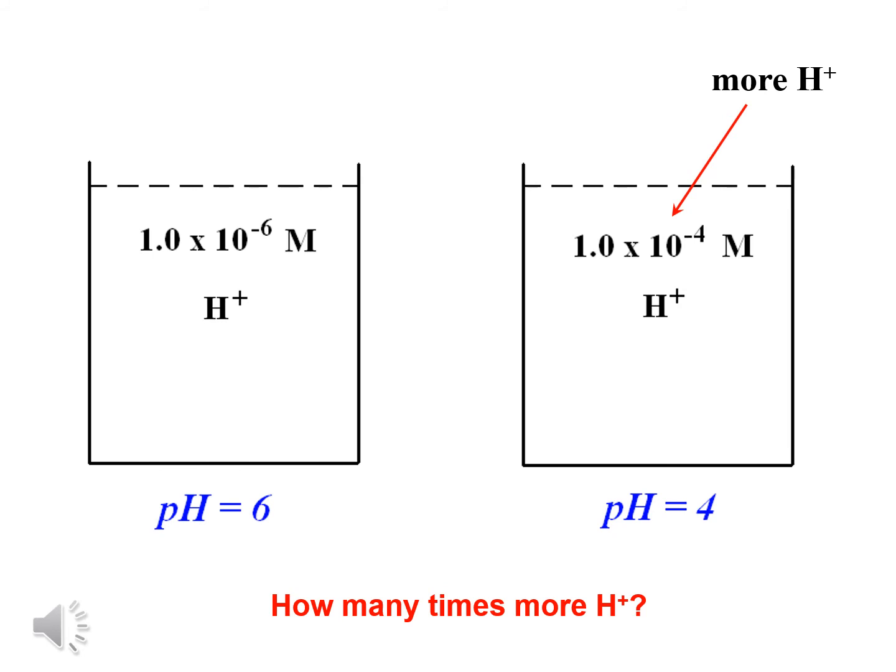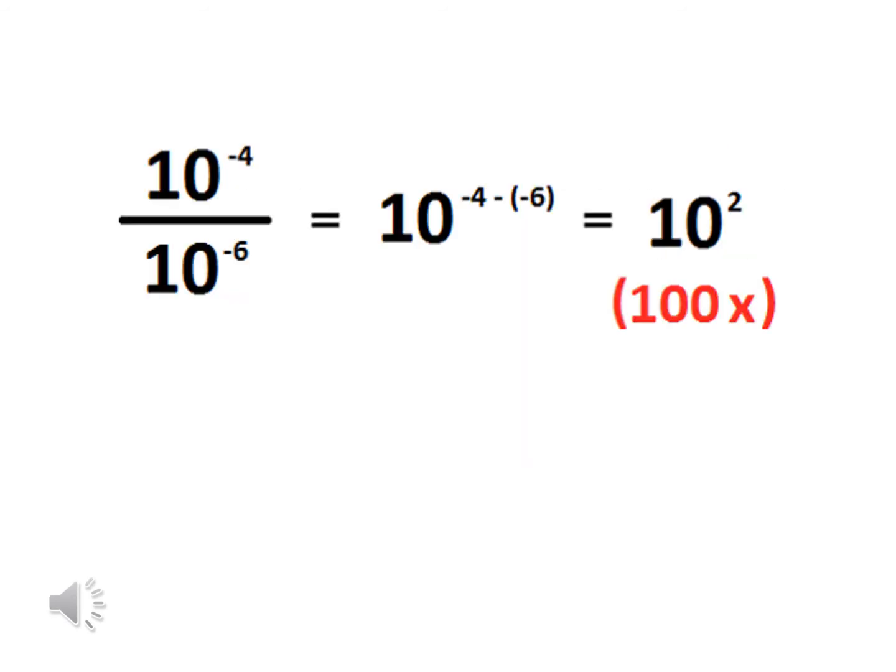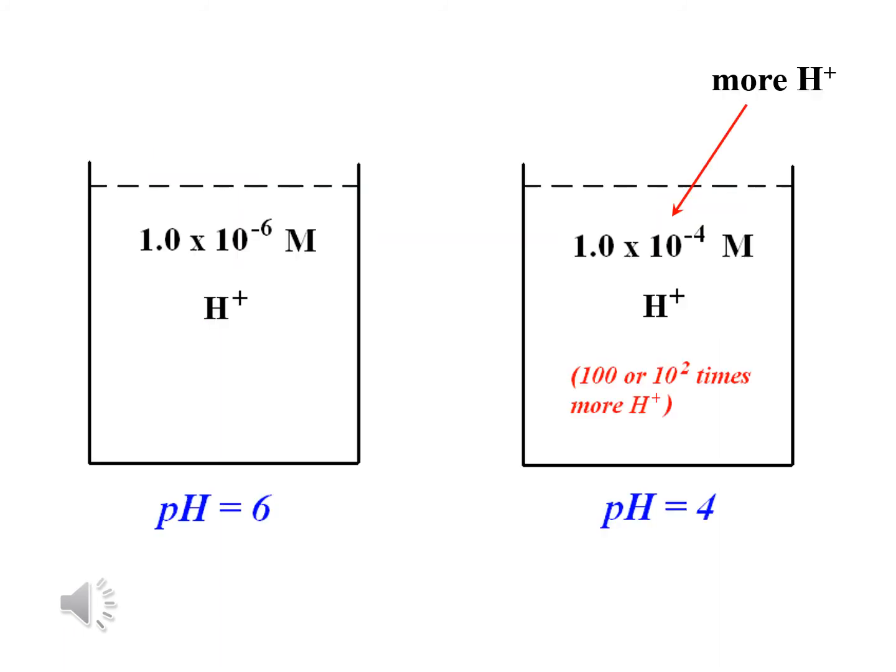But what I want to ask is, how many times more H plus did you actually put into the solution? If you take the 10 to the minus 4 that you got after divided by 10 to the minus 6, it shows that you put in 100 times more acid. And of course, 100 times more is 10 squared.